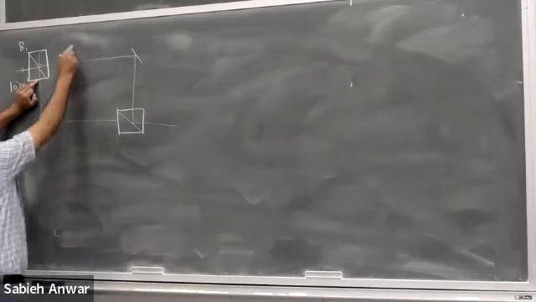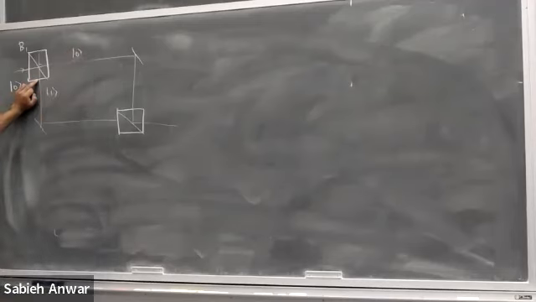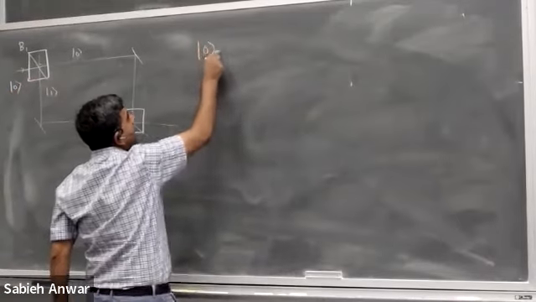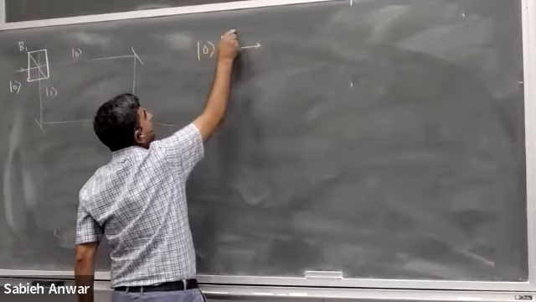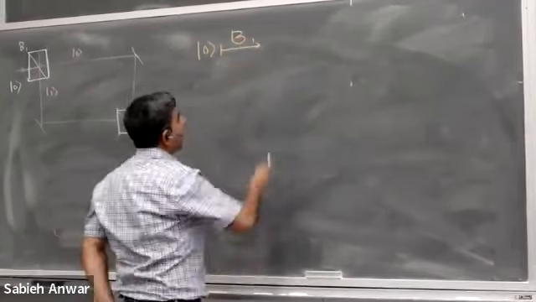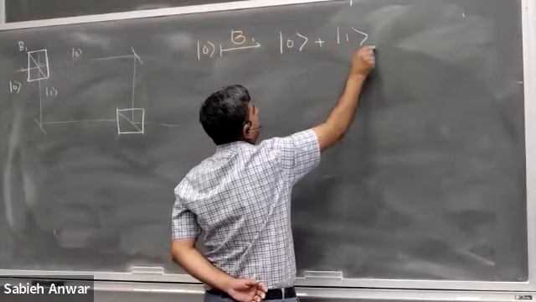So this path is called ket 0. This path is called ket 1. So my input is ket 0. After the first beam splitter B1, I obtain a superposition ket 0 plus ket 1 over root 2.